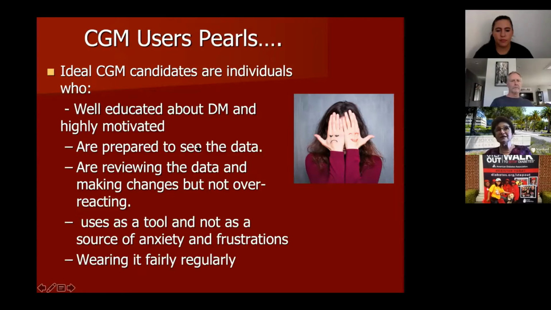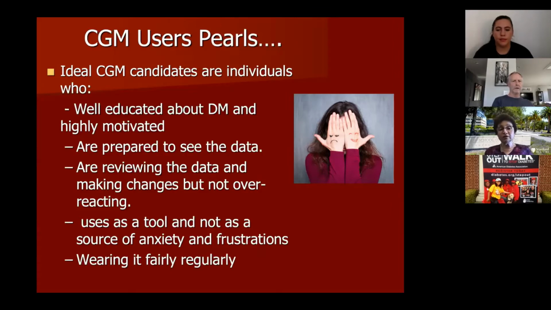Because when you're seeing the data, don't get focused on every number, every arrow on the CGM. Review it as a pattern, so recognize those patterns. That's important. Do not overreact to all the data that you see.